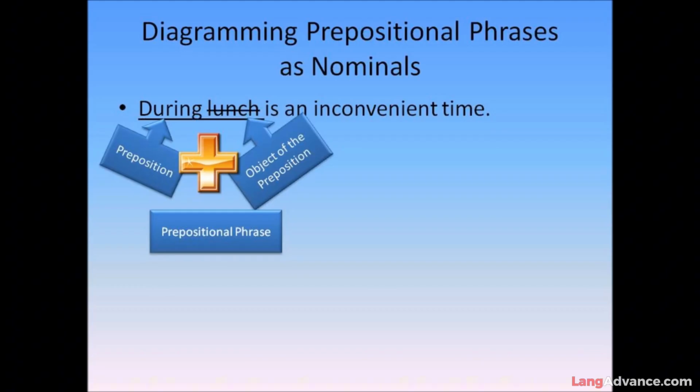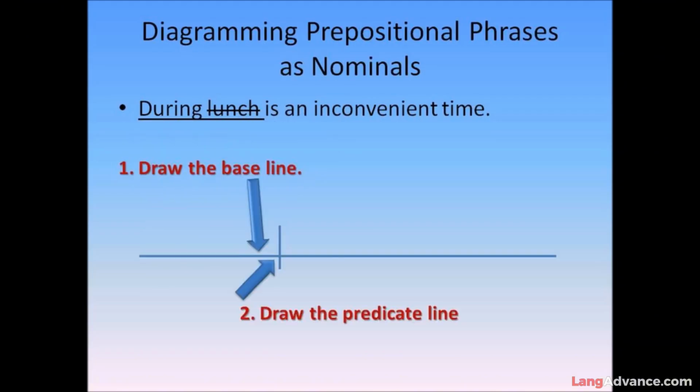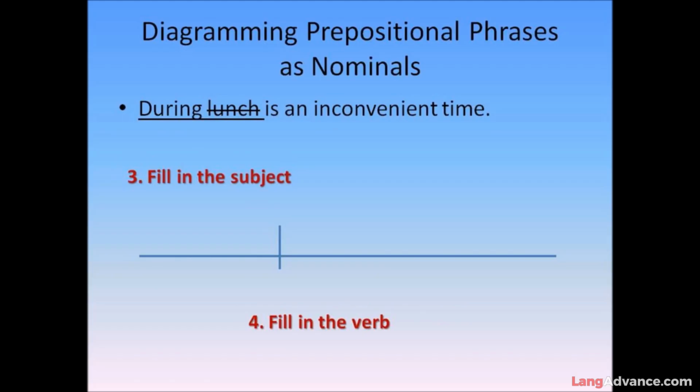We know that lunch cannot be the subject of the sentence. So we draw our baseline, we draw our predicate line, we fill in the subject and the verb. But wait, we know the verb is, the most common of the verbs, but we can't figure out what is, because we know lunch cannot be the subject of the sentence.